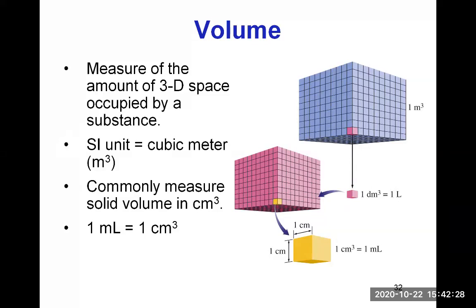This way you can change between the milliliters and the cubic centimeters, which are both units of volume. And 1 liter, in the metric prefix with the meters, is 1 decimeter cubed.